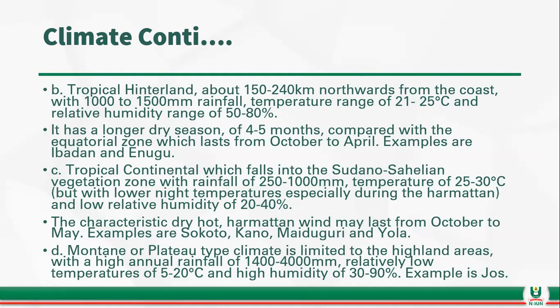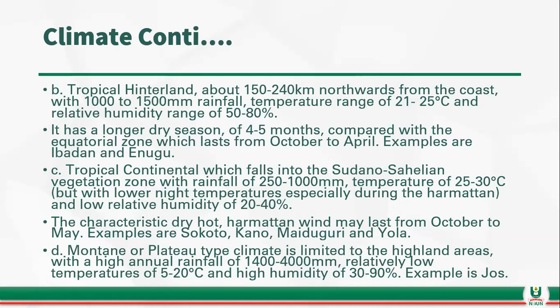And of course, this region has a lower rainfall compared to the equatorial climatic region. Here we have about 1,500 millimeters rainfall. And the temperature ranges from 21 to 25 degrees Celsius.